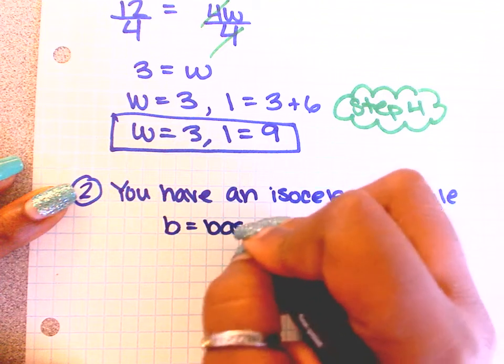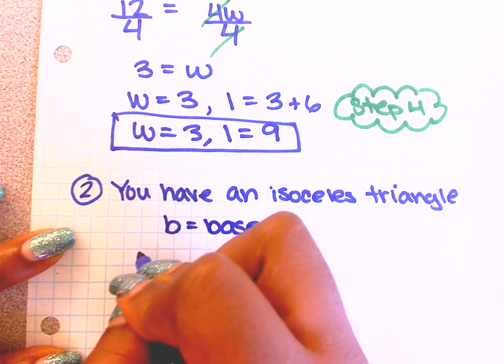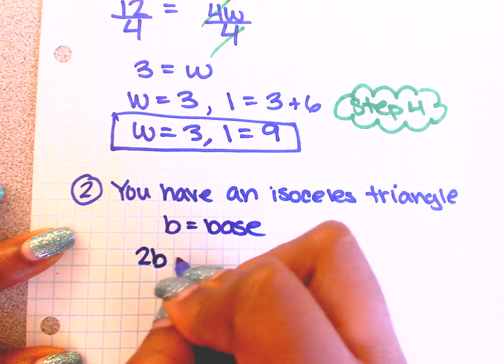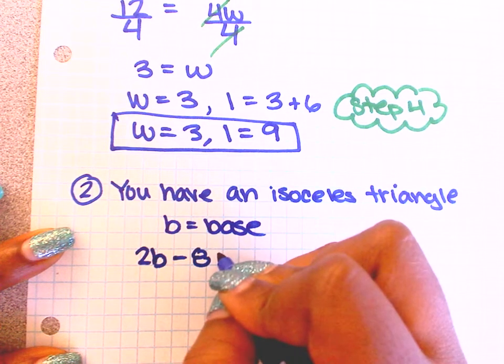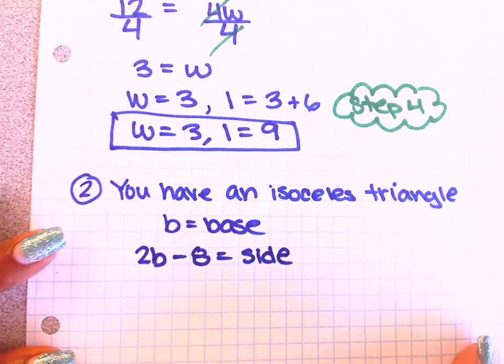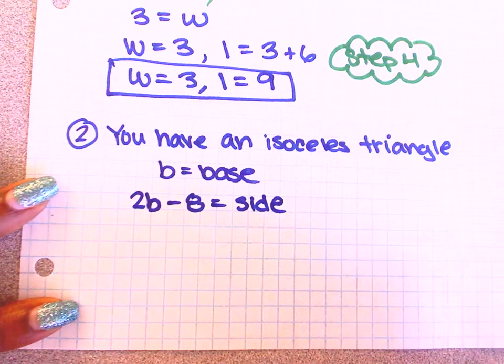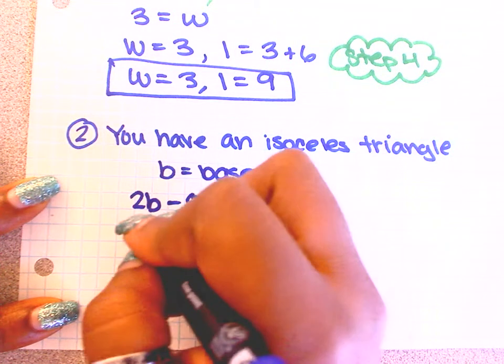So I'm going to call my base B. That is my unknown variable. Your side is 2 times the base minus 8. And your perimeter is 74.